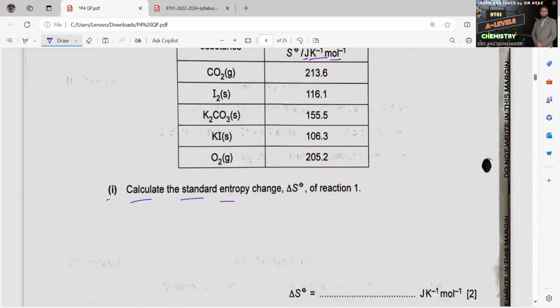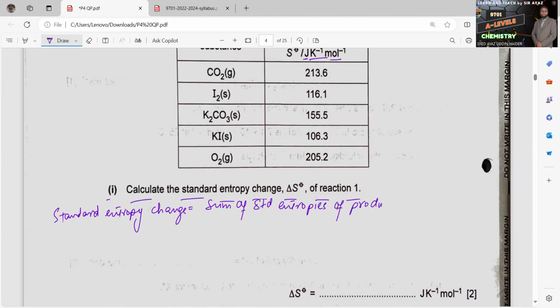Number 1, calculate the standard entropy change delta S of reaction 1. You know the formula, standard entropy change is equal to sum of standard entropies of products minus sum of standard entropies of reactants.